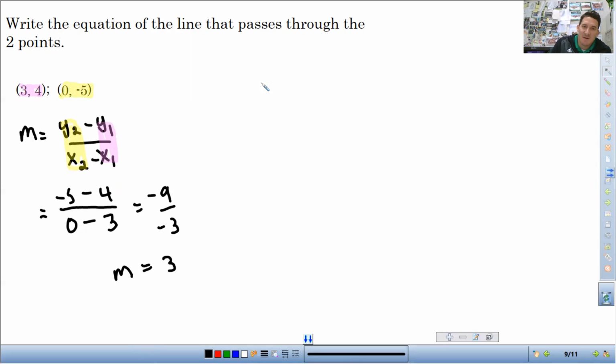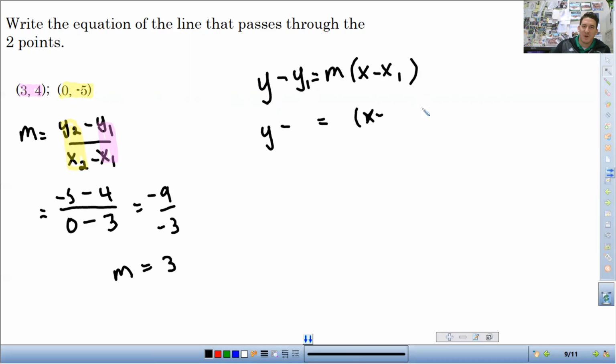So now we have the information that we need to write the equation in point slope form. So for this, you actually have some options of what you want to use. It doesn't matter which point you use. All right.